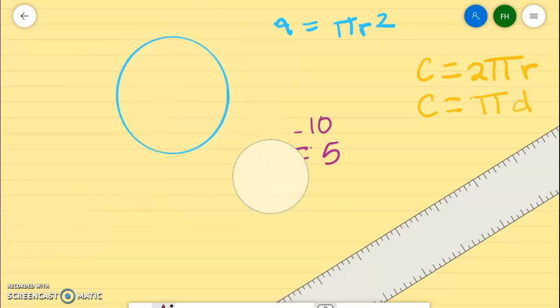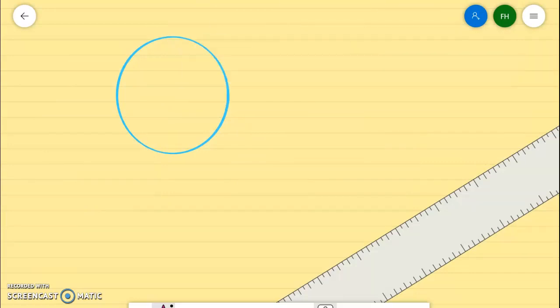Alright, so let's look at one. Let's say that the center is here, and you found out that this is 3 meters, and we wanted to know the area. Let's say we're going to buy a pool cover, and we know that this is 3.